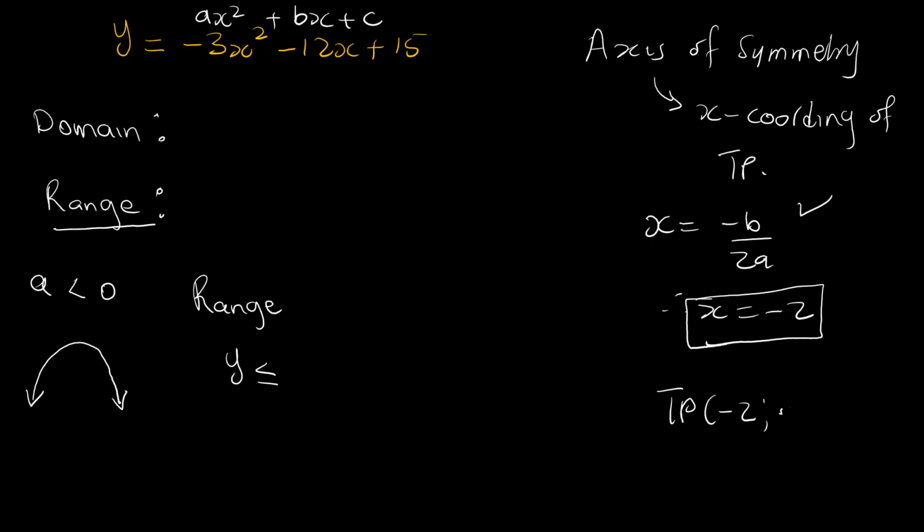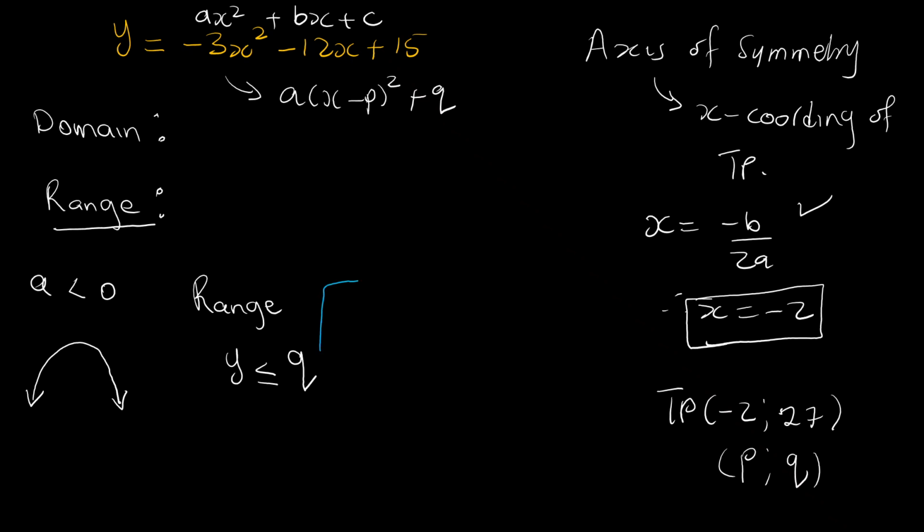Yes, we got this as 27. That was our turning point. This is in the form of P, Q. If we write our equation in the form a(x minus p) squared plus q, then when we find the range, y must be less than or equal to the value of q. What are we referring to?